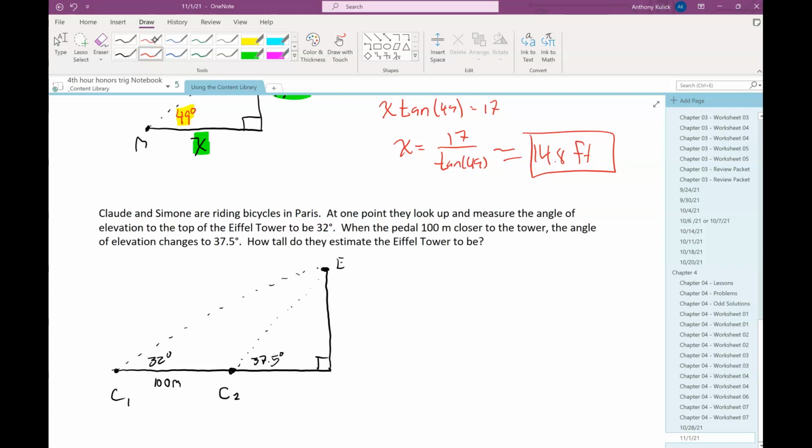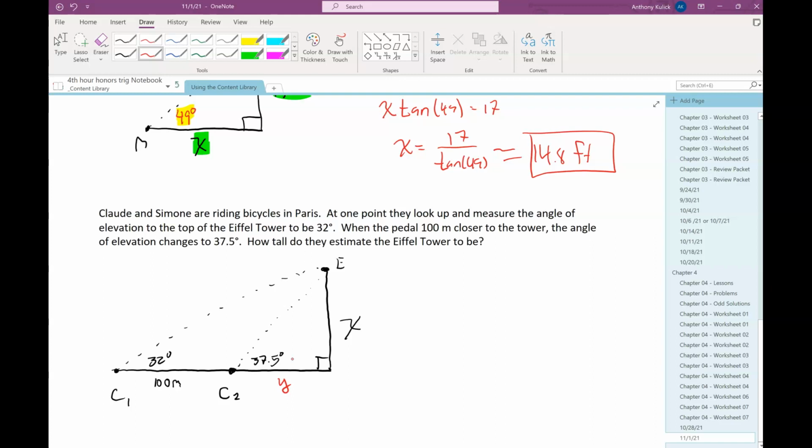Notice, though, with this picture, there's no right triangle where we know a side and an angle, right? Because we're missing this piece in any right triangle that we try to build. Everybody observe that? So what we're going to do instead is think about this as two separate right triangles with two variables in them, create a system of two equations, and solve that system by substitution.